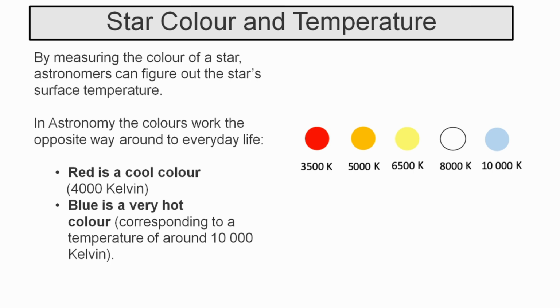Now, just a note about these colors. In everyday life, you might think that something red was very hot and something blue was much colder, but in astronomy the colors work the other way round. So if an object is red, it actually has a much lower temperature compared to an object which is blue.